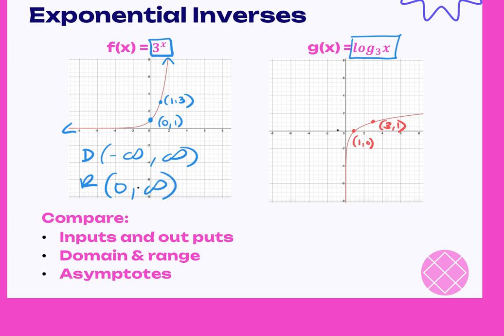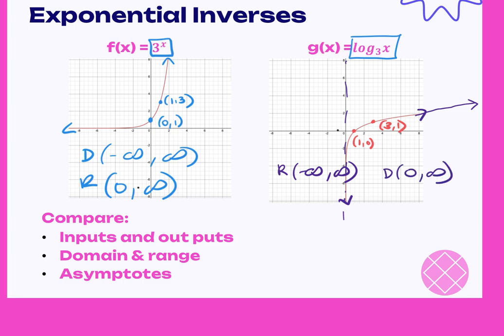Now, what do we think is going to happen on our graph on the right? They're going to be switched, right? So this arrow points down and this arrow points to the right, but also up. It would keep getting bigger, which means the range on this is all real numbers. And there's a vertical asymptote at 0, which means the domain is 0 to positive infinity.